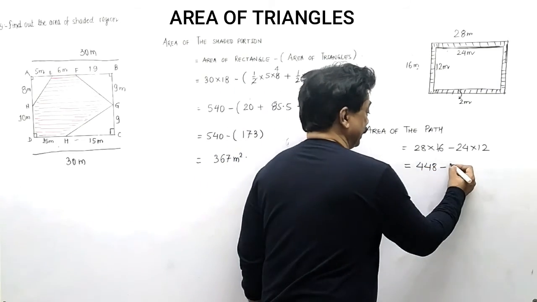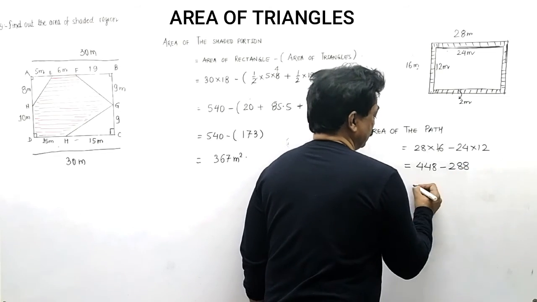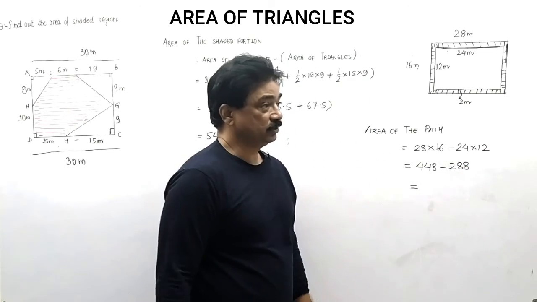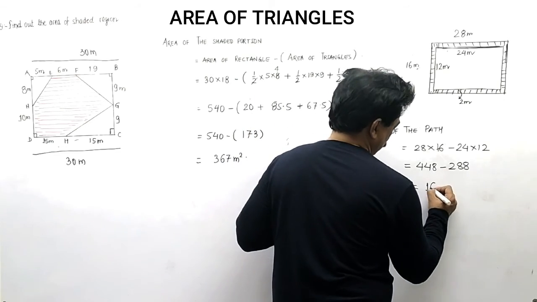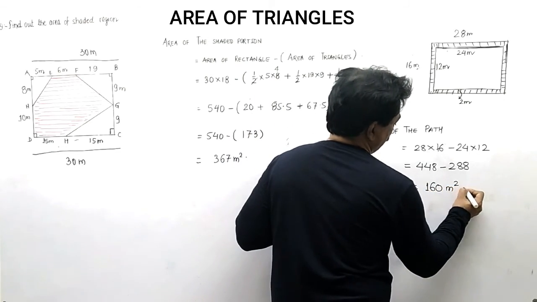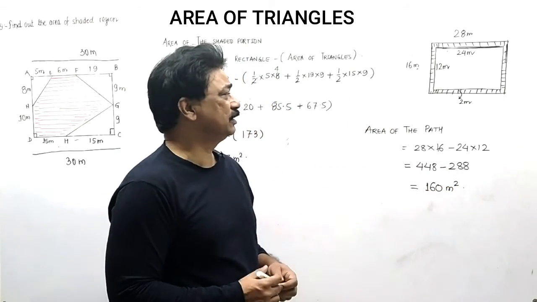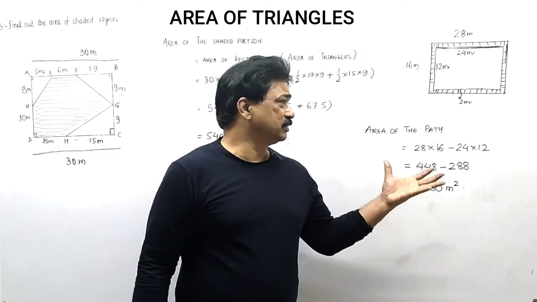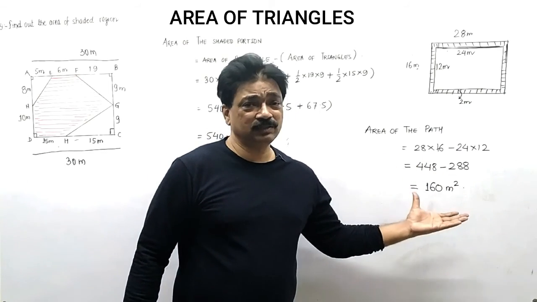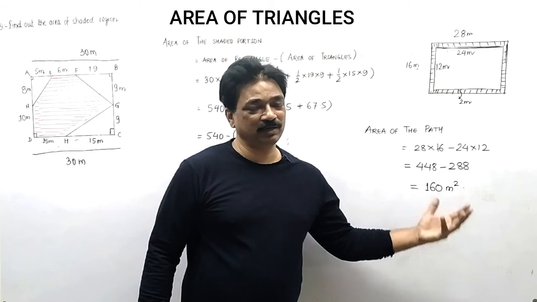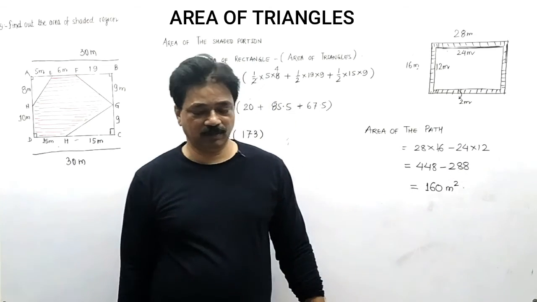So I subtract: 448 minus 288 is 160. 160 meters square is the area of the path. Sometimes we have to gravel this at the rate of rupees 5 per meter square. It's very easy: after getting the area of the path, you multiply it with the rate. Thank you.